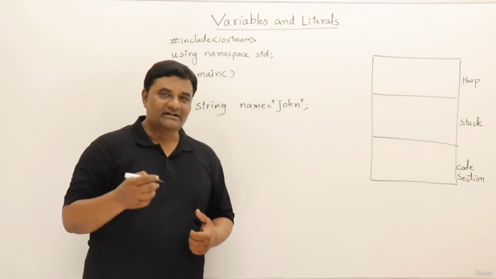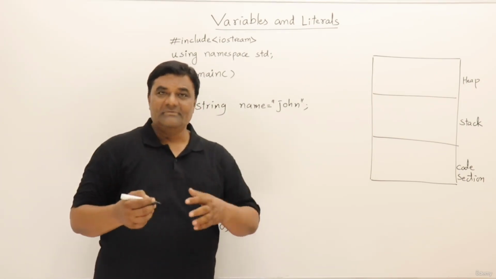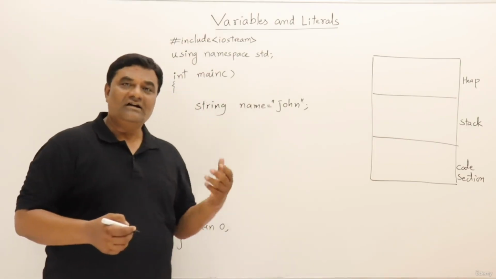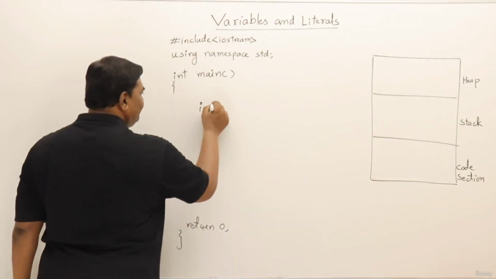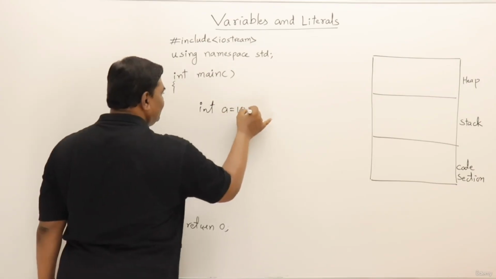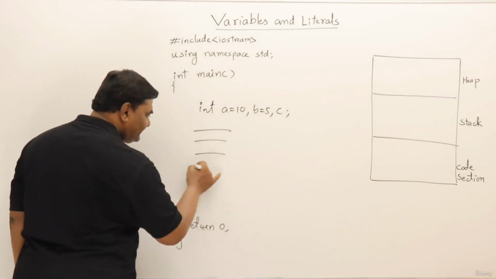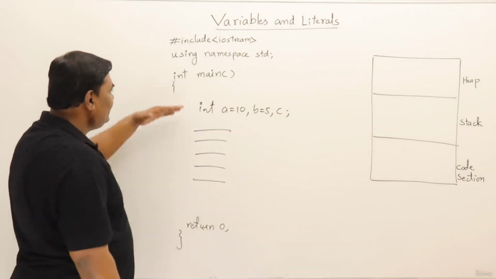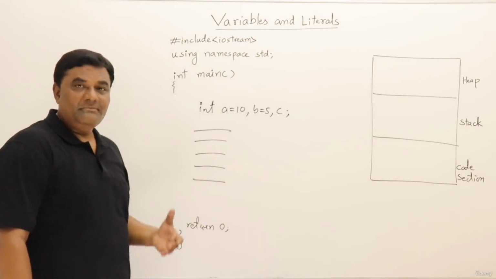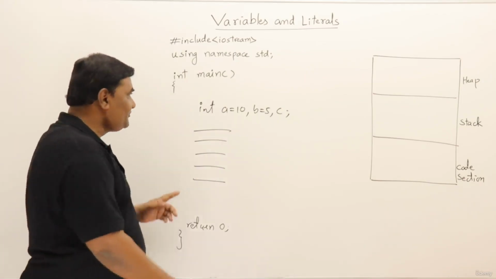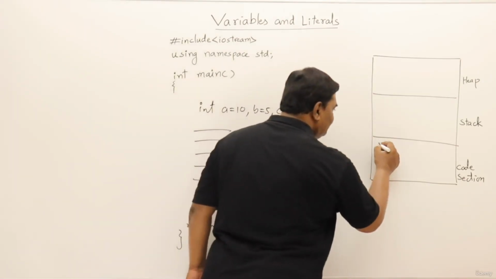Now one more important thing that I am going to show you, when we declare the variables and when we compile the program and execute it, then what happens in the main memory? Let us check it. If I have three variables here, A as 10 and B as 5 as well as C, and I have some more statements in my program, then when I compile this program and execute it, for execution, the machine code of this program will be loaded in the main memory.